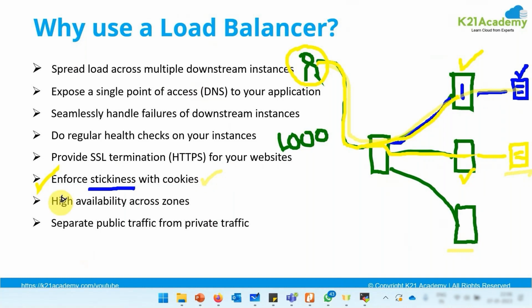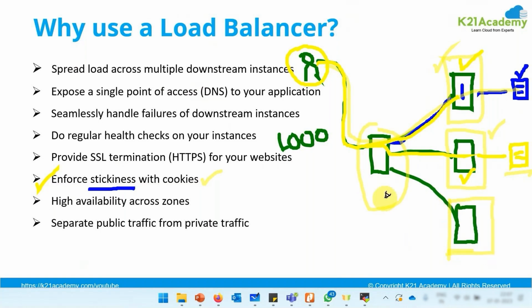Now, load balancers can distribute the traffic among machines sitting in different availability zones. If we talk about Mumbai, then one machine is in AP South 1A, another in AP South 1B, AP South 1C.